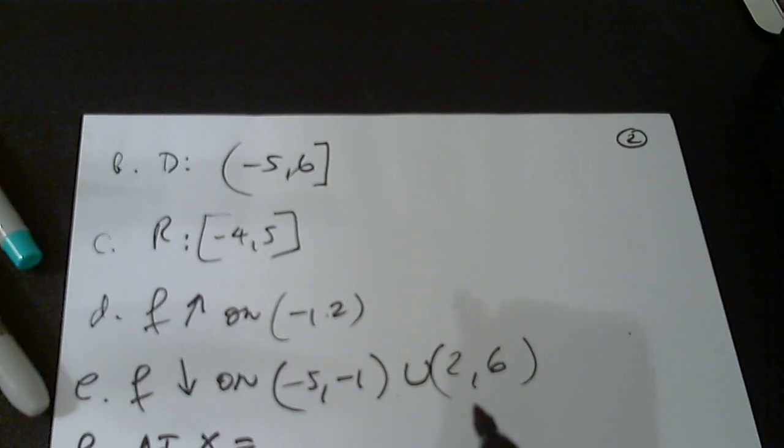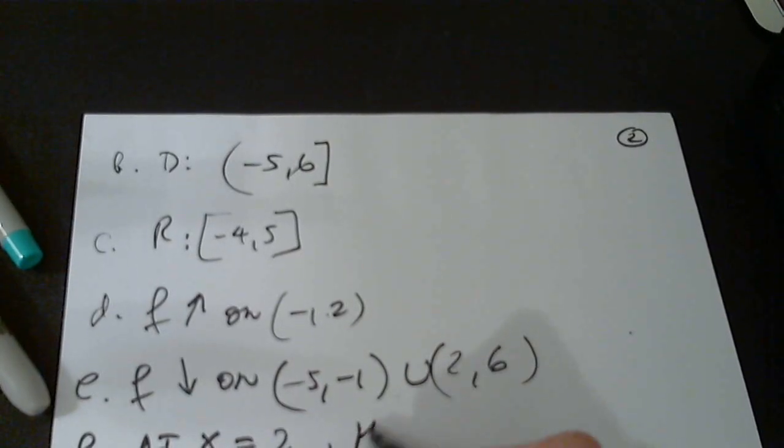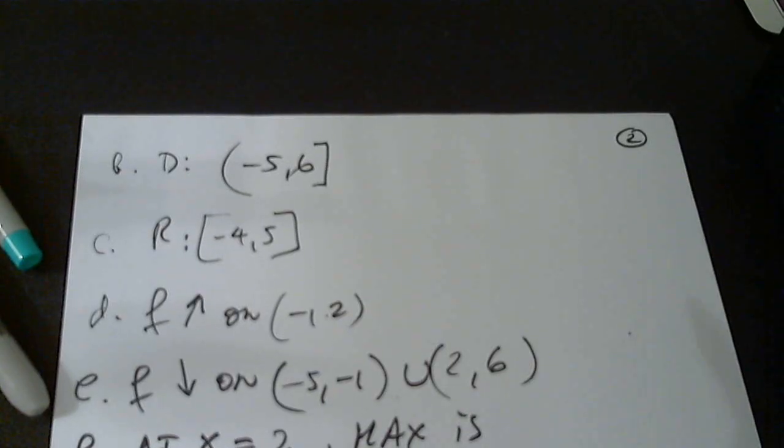At x equals 2. And now the max is 5. So please understand where: at x equals 2. How much? 5.